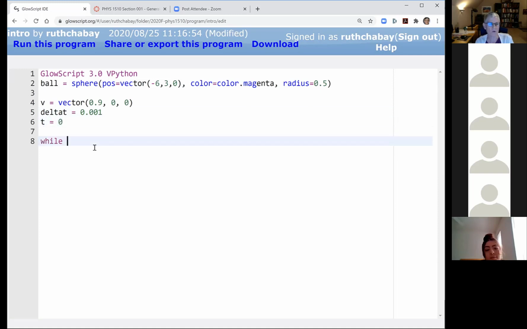And now we're going to say while the time is less than, let's say, 60 seconds times 60 minutes, so an hour, we're going to say the new position of the ball should be set to the old position of the ball plus velocity times delta t.